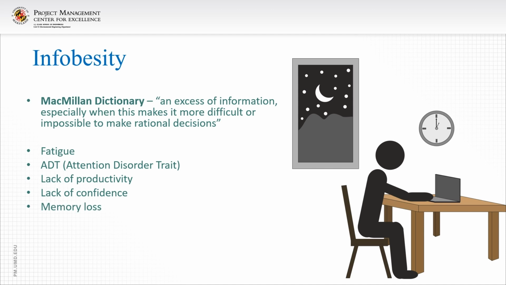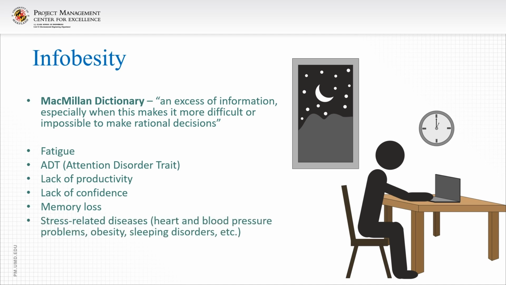Memory loss happens to all of us. I mean, you get all these emails and texts coming to you about your project or your program, and you forgot what someone emailed you an hour ago because you've gotten about 5 more emails talking about the project or program. Stress-related diseases, I'm certain we've all been there. And it can lead to poor decision making and financial loss.